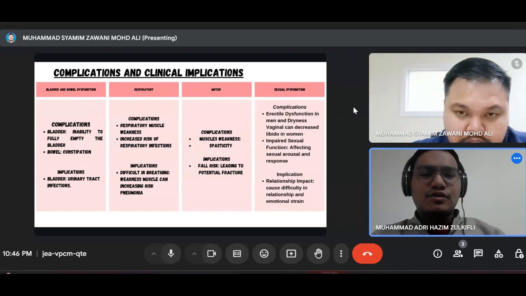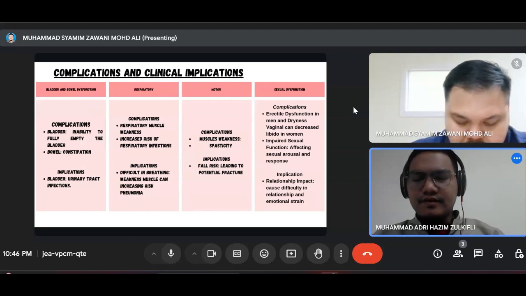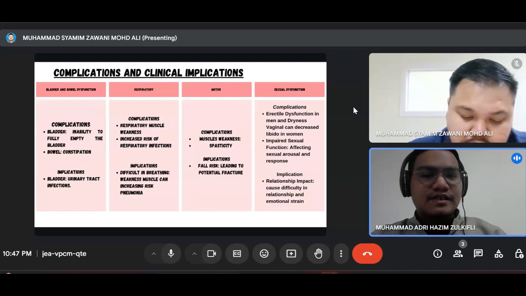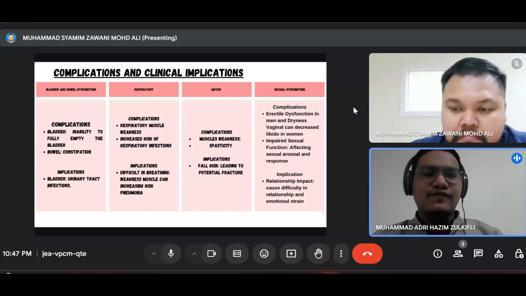Next is the motor complication, which is muscle weakness and spasticity. It can cause progressive muscle weakness, particularly in the legs and arms, and can also occur with nerve damage.